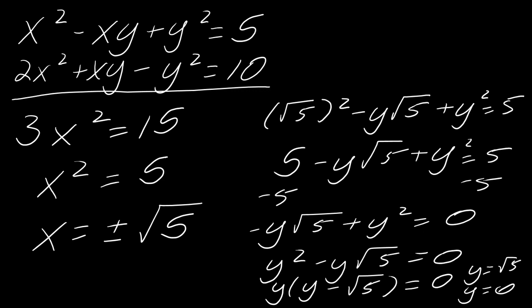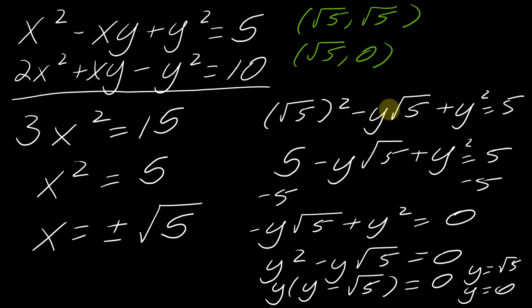Okay, so now that was the case for positive square root of 5. So let me just note those solutions. So I have square root of 5 and square root of 5, and then I have square root of 5 and 0.